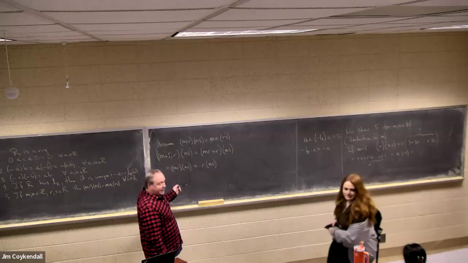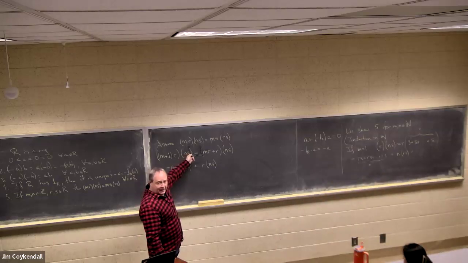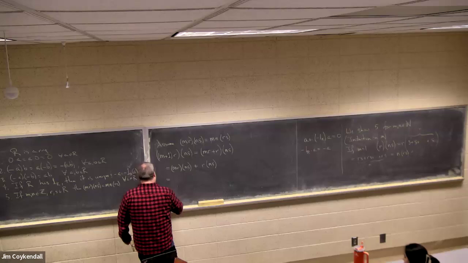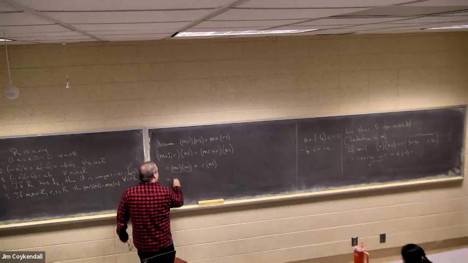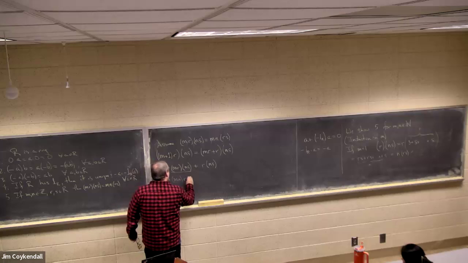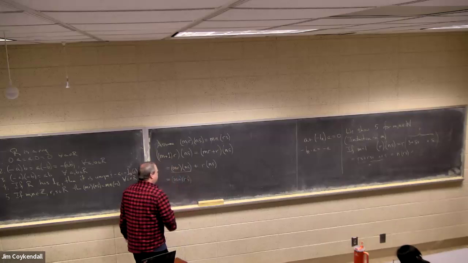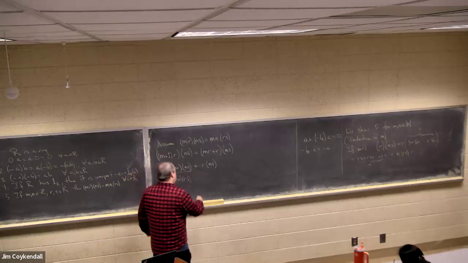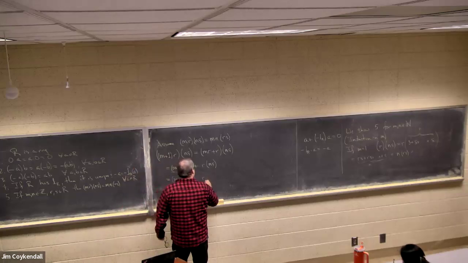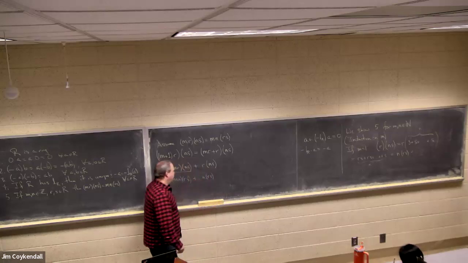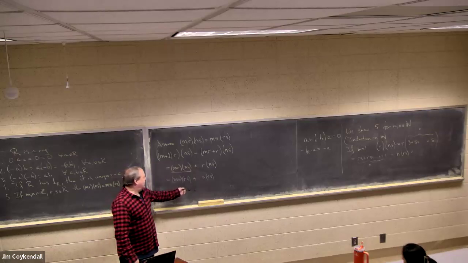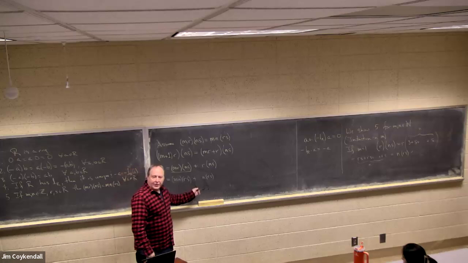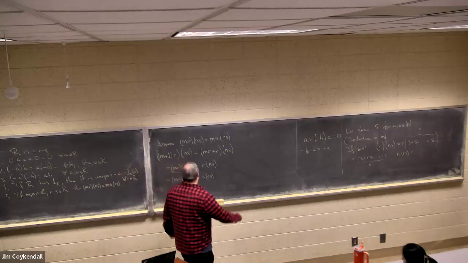Now, by induction, we know what this is. By induction, this is M R S. And by the base case, this is N R S. So you've got M N R S's and another N R S's.